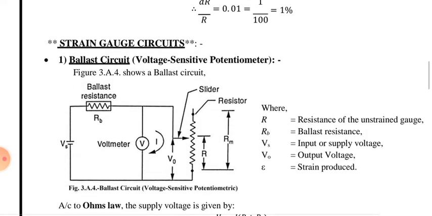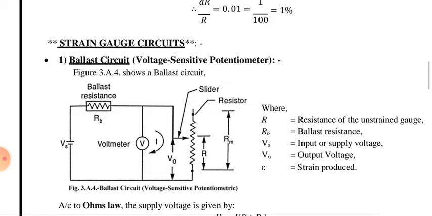Basically in the diagram you can observe that there are various components combined in the circuit, in parallel or series connections, where capital R is the resistance of the unstrained gauge, RB is the ballast resistance, Vs is the input or supply voltage, VO is the output voltage, and epsilon is the strain produced. That strain we will have to calculate.